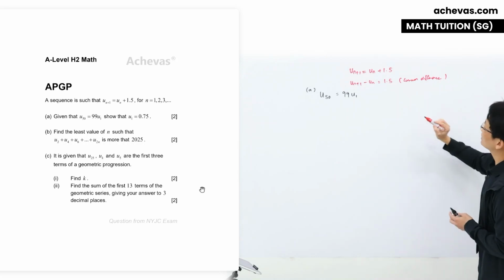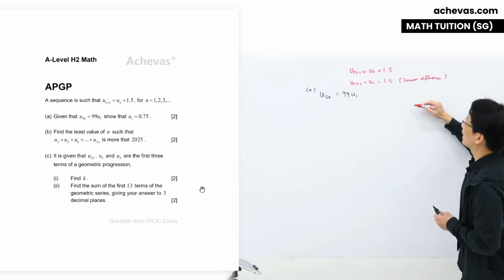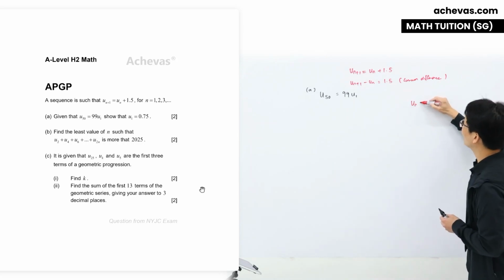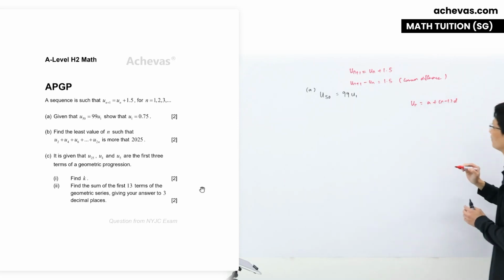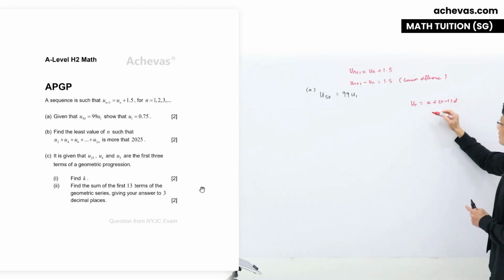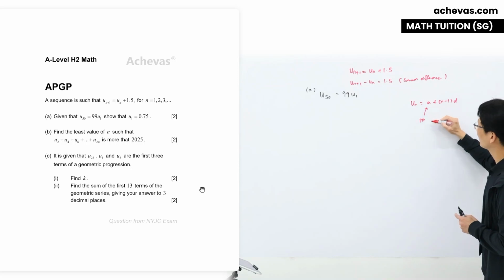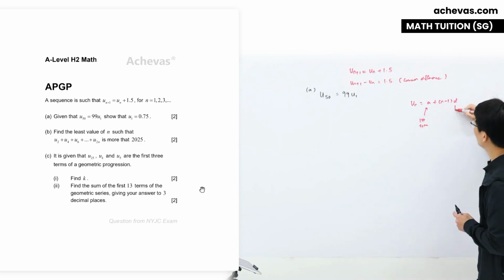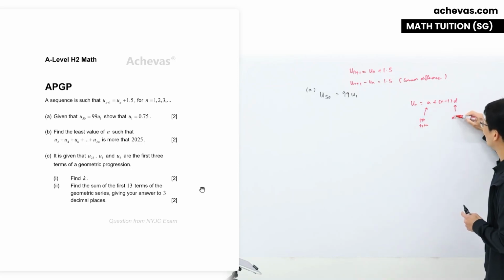So using this, I can say that Un will be equal to a plus (n minus 1)d. This is the general term for an AP, where a represents the first term and d represents the common difference.